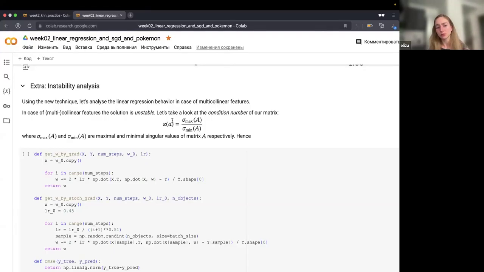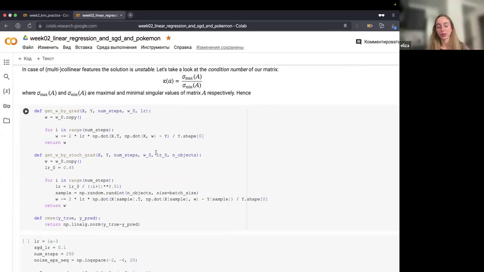And if the condition number is very big, it means that our model is unstable. If the number is small enough, you can say that your model is stable.